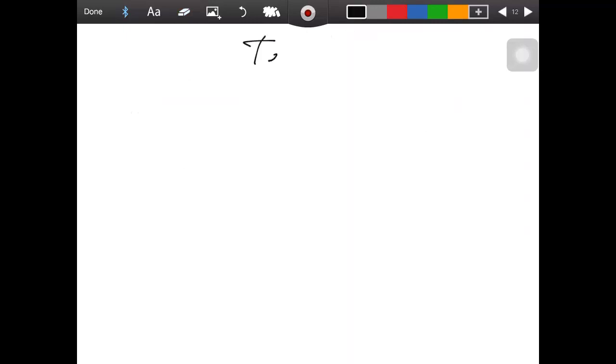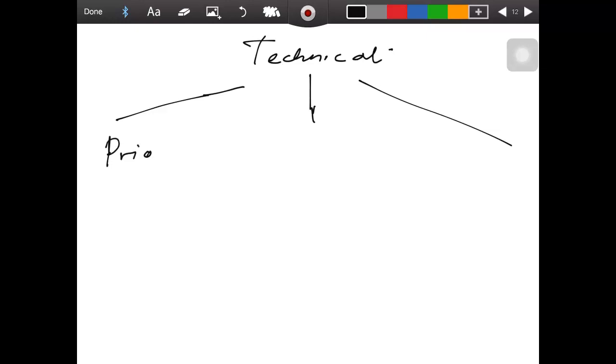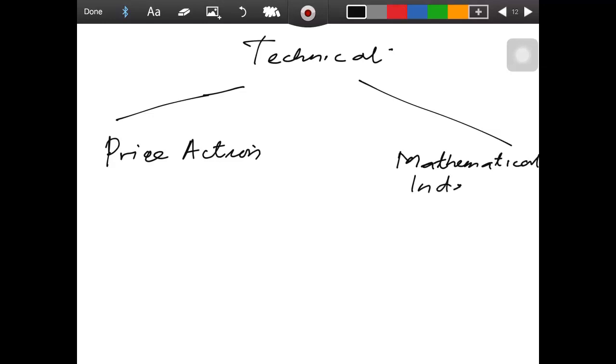So technical analysis, this is based on my personal experience, but you might find that this is what is obtainable generally. So I break this down into price action and mathematical indicators.